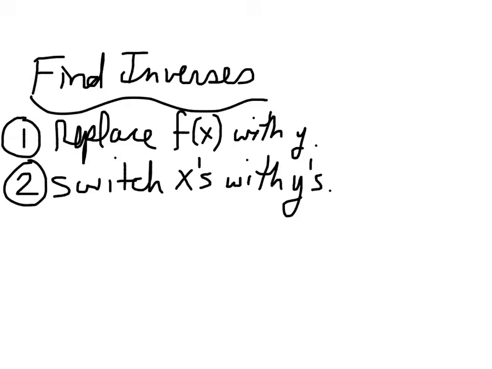So you're going to do the old switcheroo with the x's and y's. I'll put one right alongside of it when we go through this, just so you can see what the step is. All I'm doing is switching the x's and y's and putting them in a different spot. Then, the third thing is you solve for y.